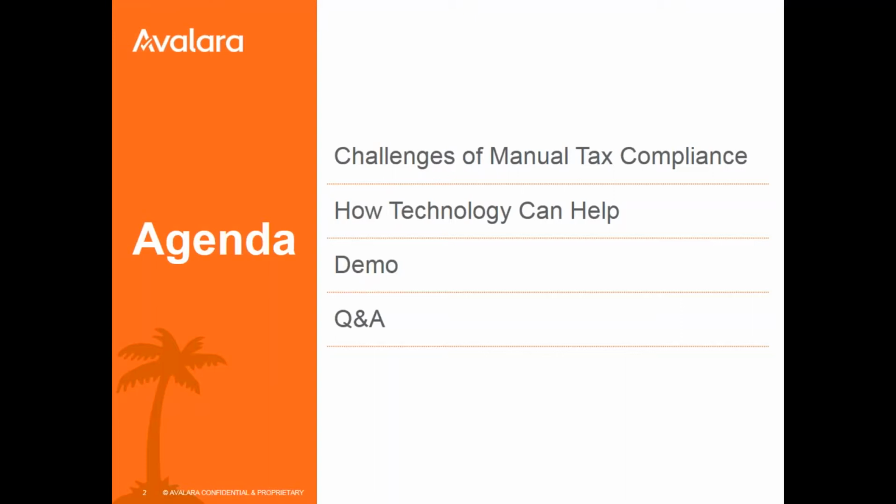The overall goal today is to say, here's a best practice heading into 2017 that you might want to consider to give back your IT staff some time, to give your finance teams back a little bit of their time, and really mitigate against an audit, just having the incorrect information, or in some cases, the time it takes to get that information. And if you're feeling like this might be a good fit for us, then we can go into a more in-depth demo specific to your situation through Jody, through calling her team.